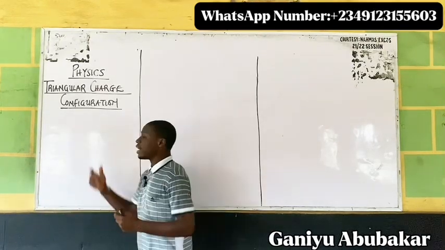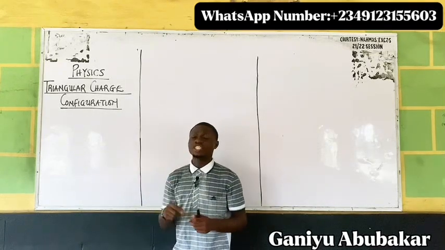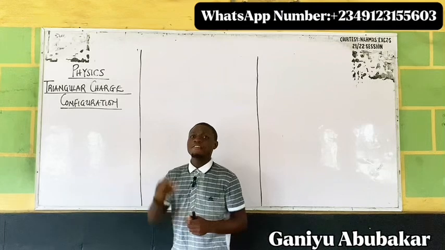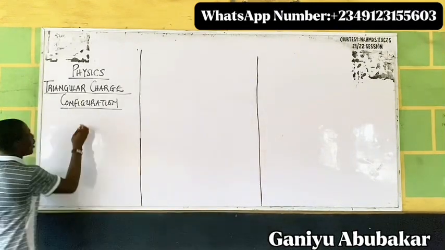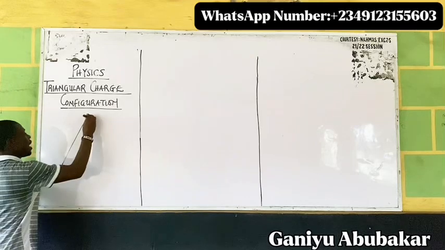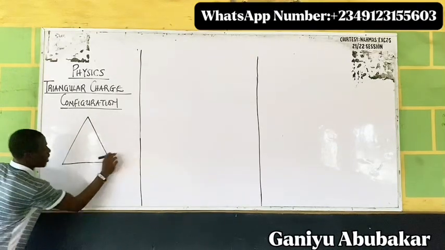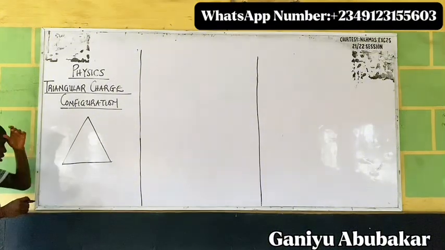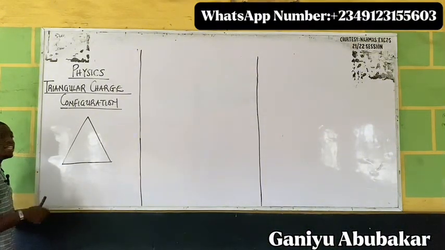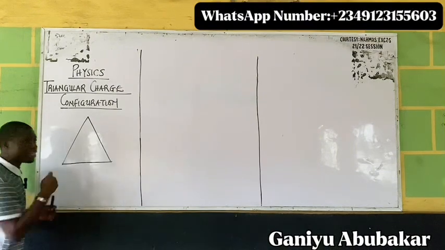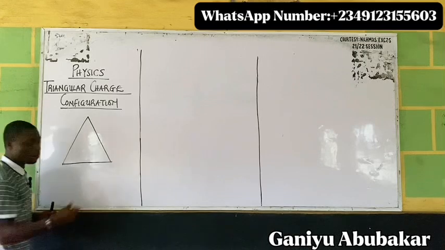So I'm saying that when it comes to a triangular charge configuration, the charges are placed at the vertices of a triangle. So let's say I have a triangle this way. This involves the arrangement of charges at the vertices of a triangle.